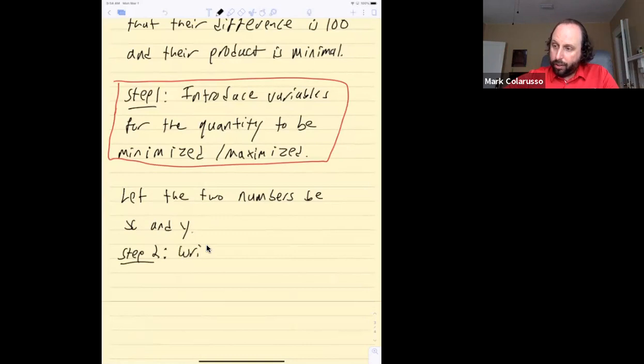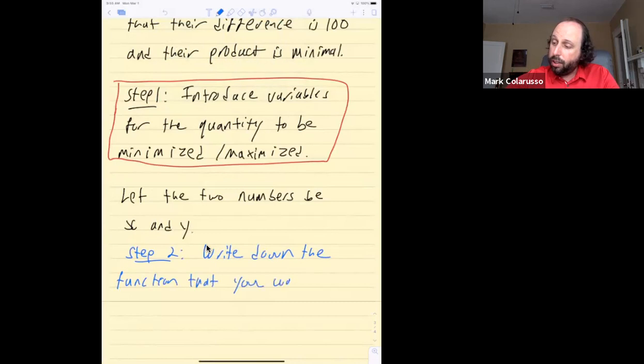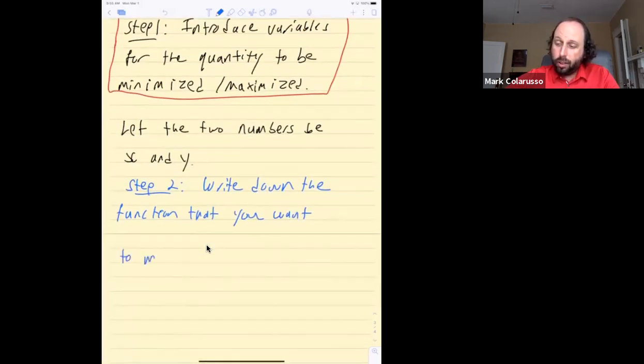So step 2, write down the function that you want to minimize in terms of the variables you introduced in step 1.